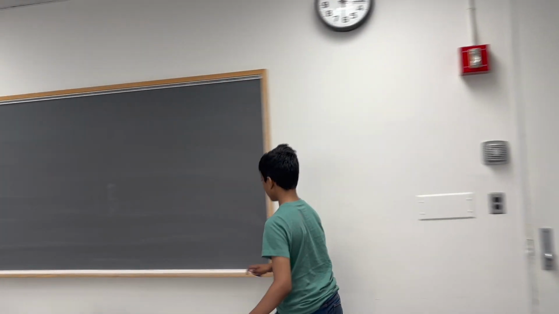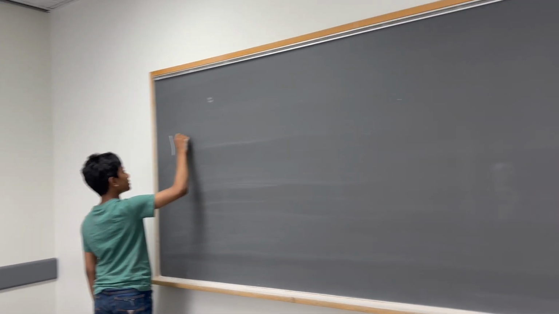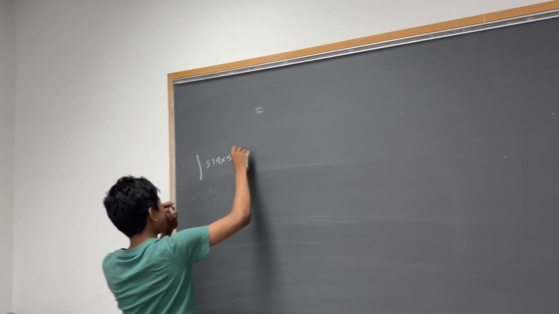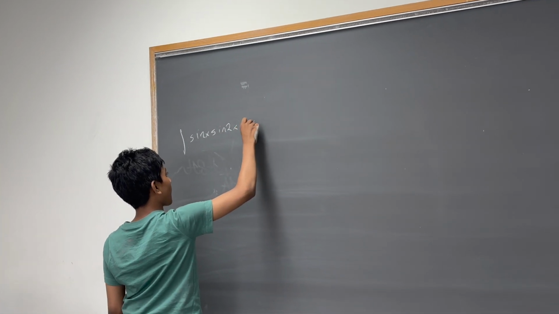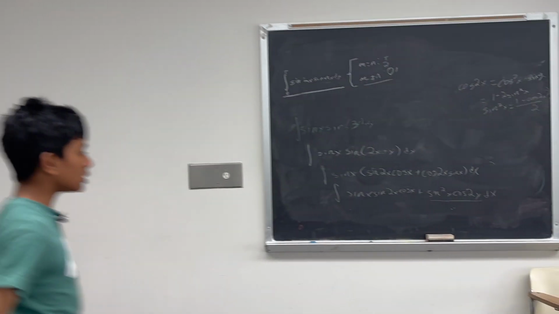Since we've run out of space, I'm going to go over here. We have sine x sine 2x cos x, and then plus sine squared x cos 2x.